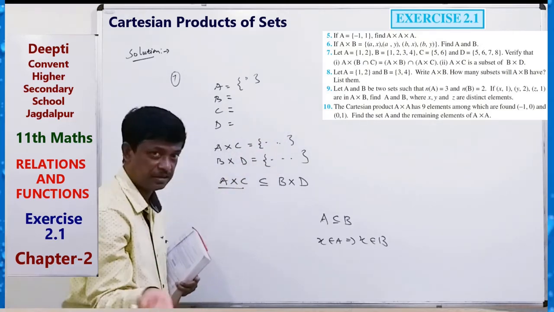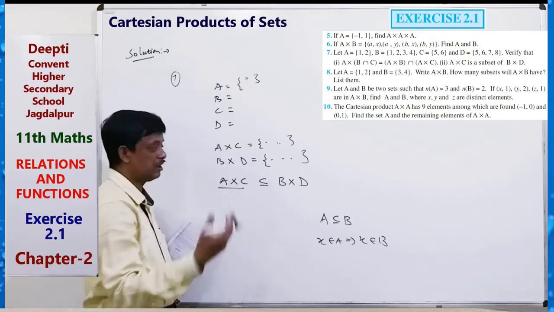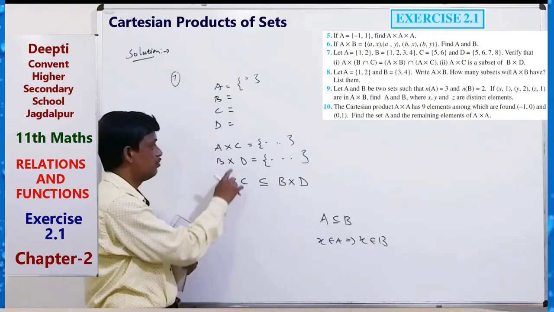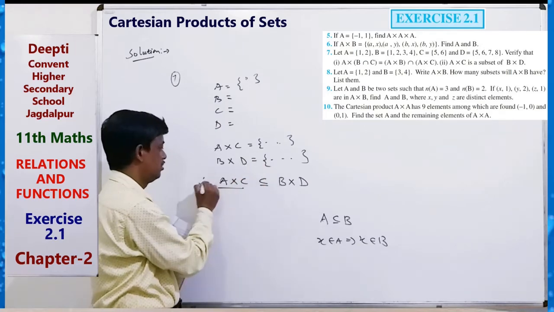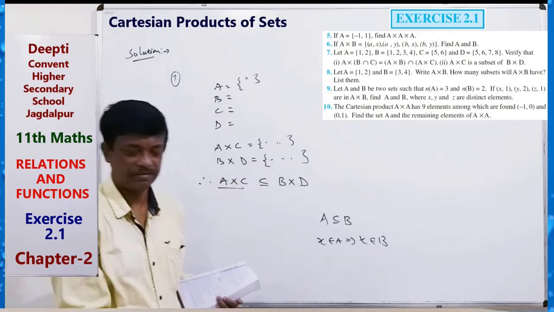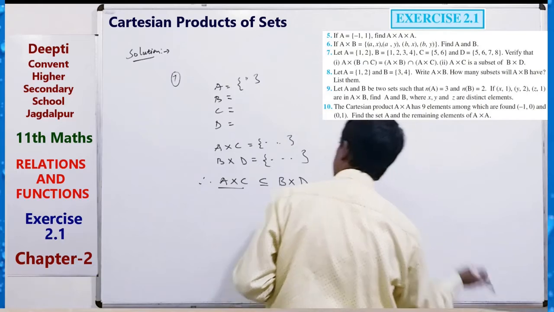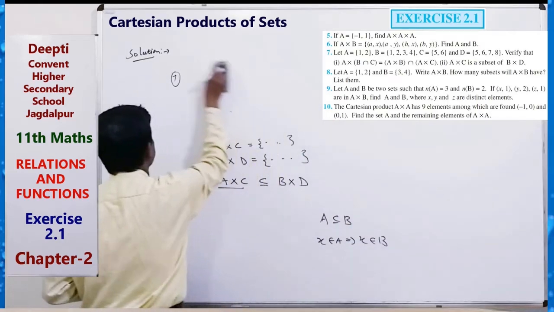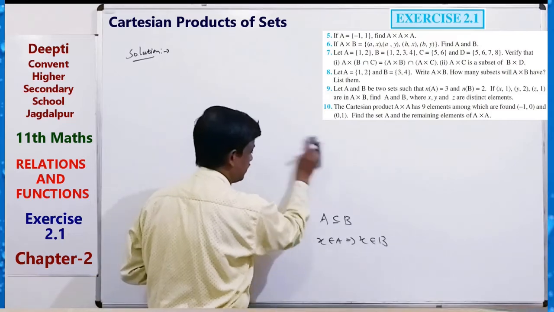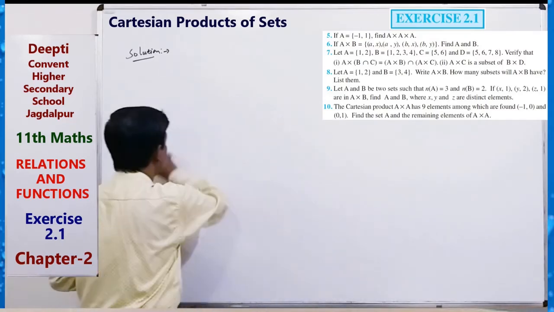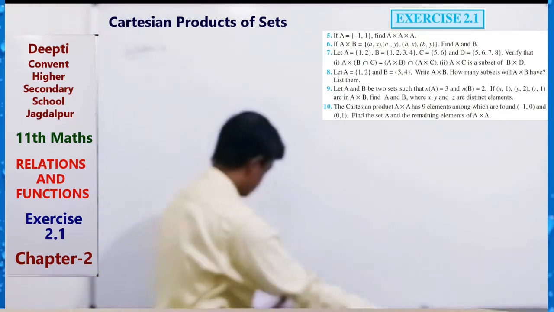After finding this, you can write that each element of A cross C is also an element of B cross D. Then it is a subset. Very good. Clear? Do this in your copy. Questions 7 and 4, you have to write very clearly in your copy.